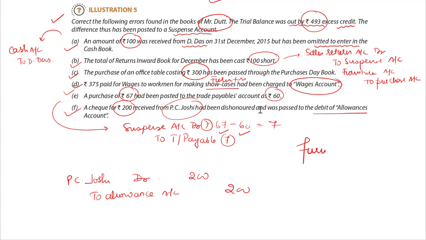So furniture needs to be debited in that case. Furniture account should be debited, but by mistake we have debited wages. So we will credit the wages. And what is the amount? 375 on both sides. Is it clear? I believe it is clear now.